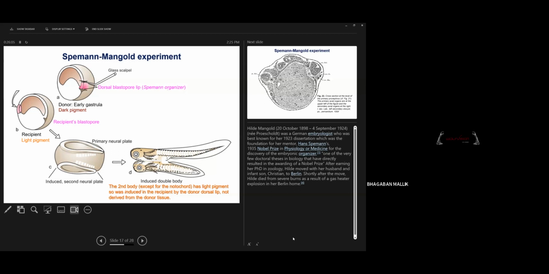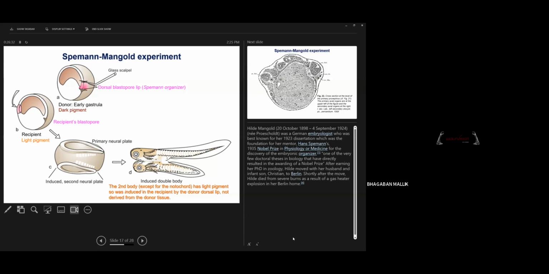Like this is the anterior side, this is the posterior side. This is the recipient gastrula, so you already have the primary dorsal blastopore lip, which is non-pigmented, and this is the pigmented dorsal blastopore lip excised from the donor gastrula. And they found that this gastrula develops into a twin embryo.